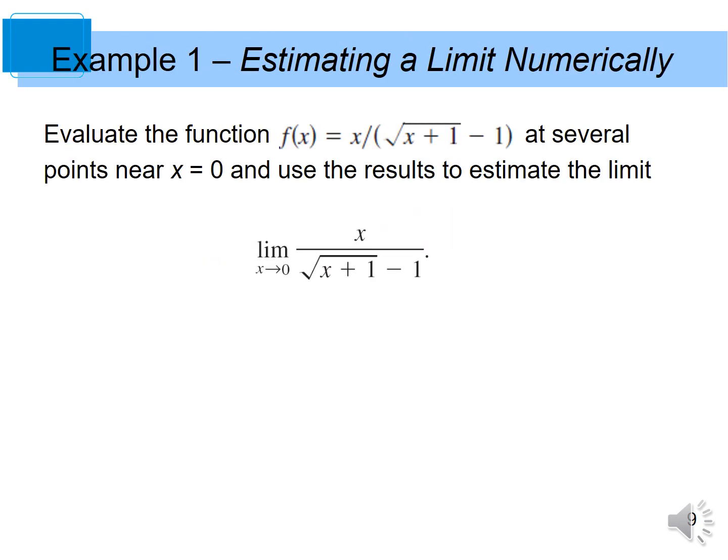Look at the example. Evaluate the function f(x) equal to x over the square root of x plus 1 minus 1 at several points near x equal to 0, and use the result to estimate the limit. This is a function, and based on the question, we put the limit and estimate when x is near 0.